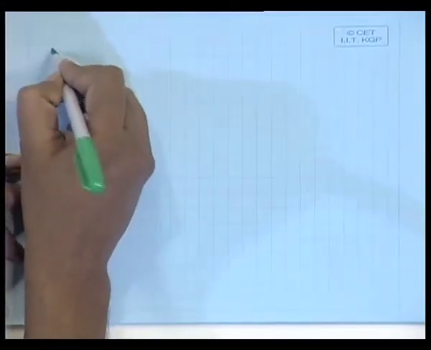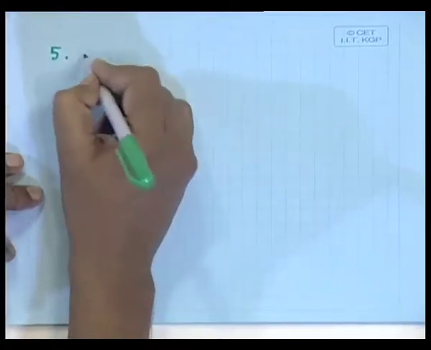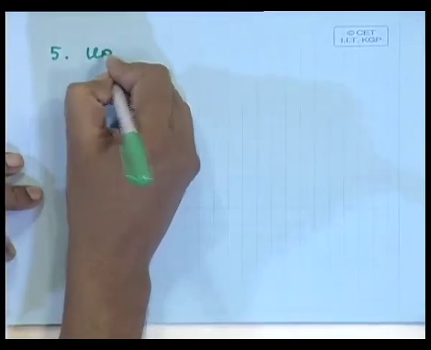So, once I have these delta terms, then comes the weight updation part. So, I have to update the weights.